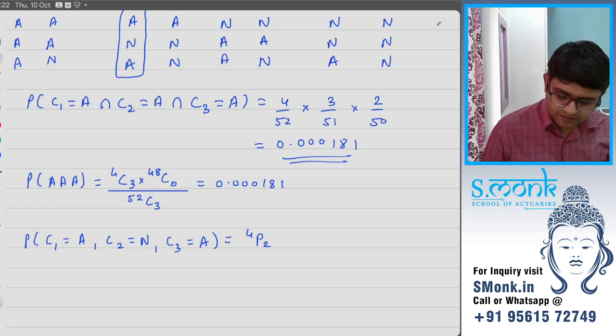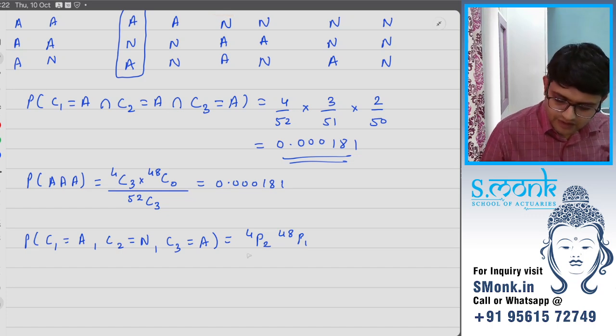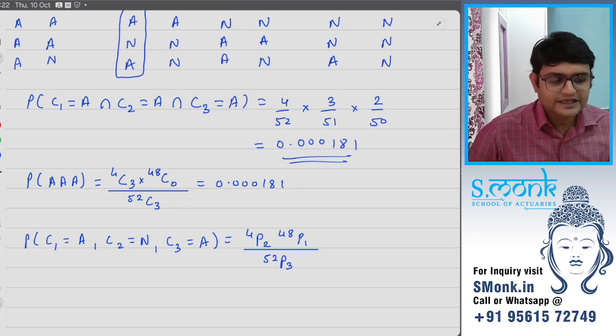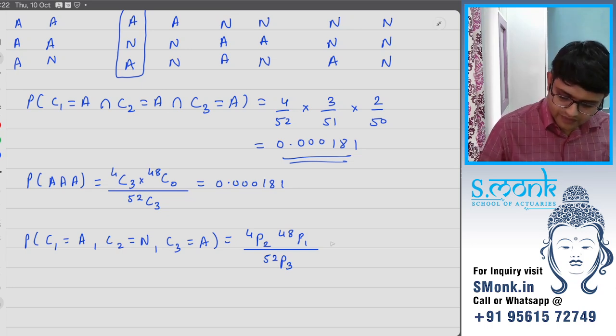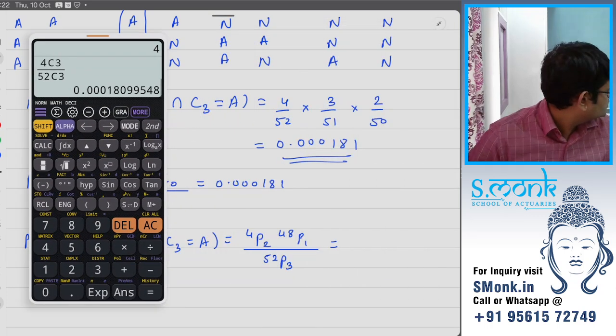That is why we are using permutations. And out of 48, I want 1, 48P1 upon 52P1 or 52P3. Out of the total 52 cards, I am selecting any 3 of them. So again we can use the permutation here.